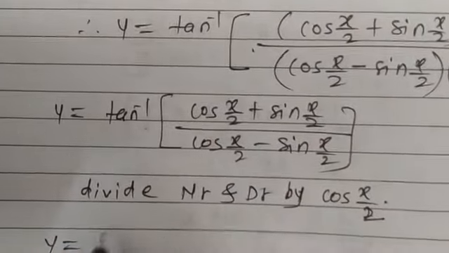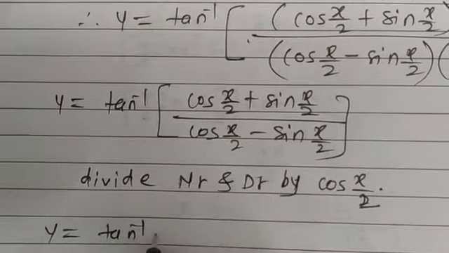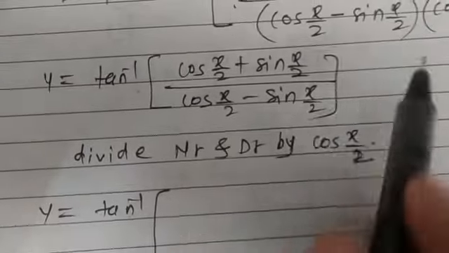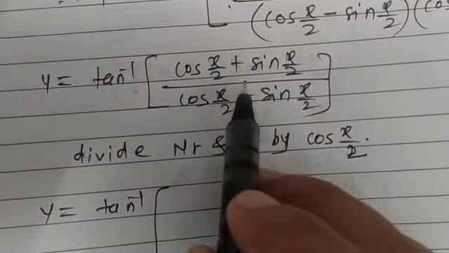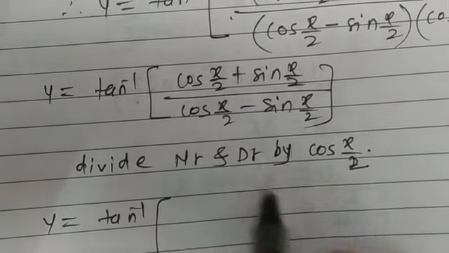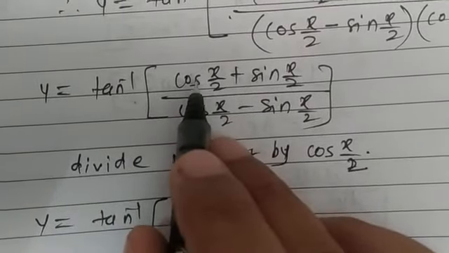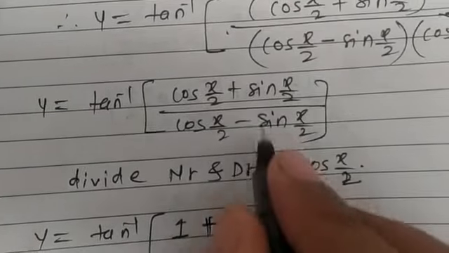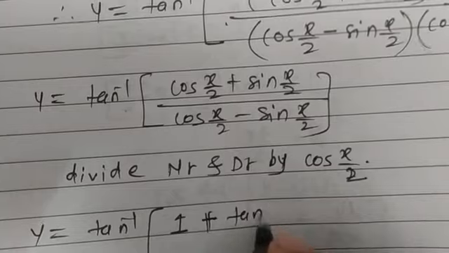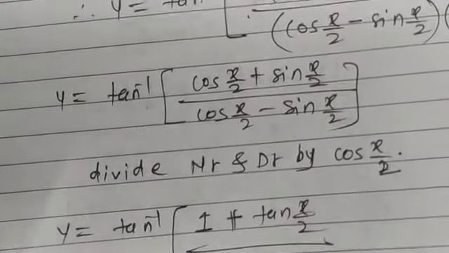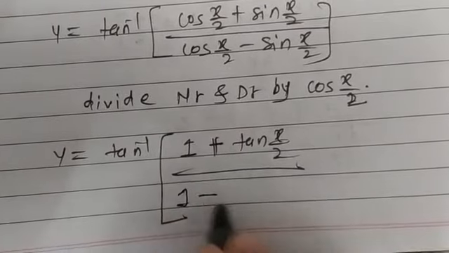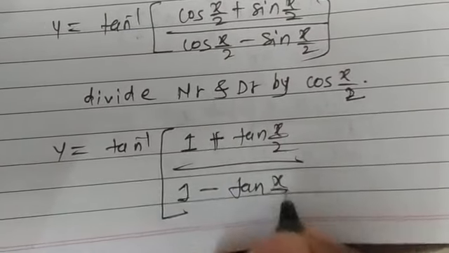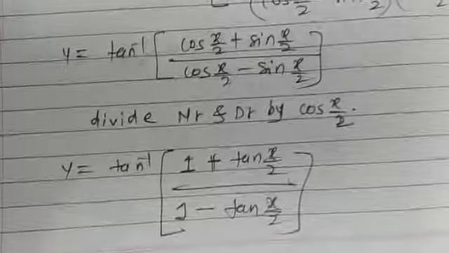So you get y is equal to tan inverse of, now see here, if I divide by cos x by 2, then in the numerator cos x by 2 upon cos x by 2 is 1, plus sin x by 2 upon cos x by 2 is what? It is tan x by 2, right? And in the denominator 1 minus tan x by 2, right? So we get the term like this.